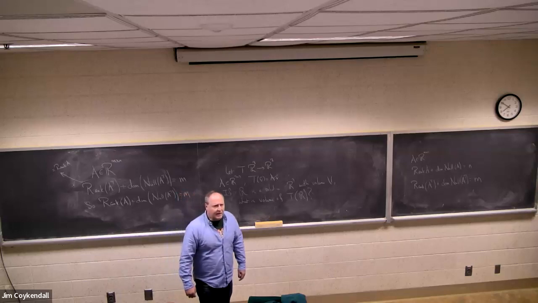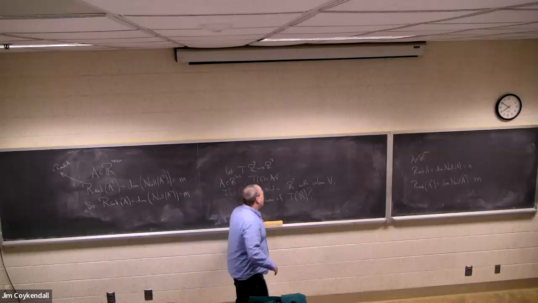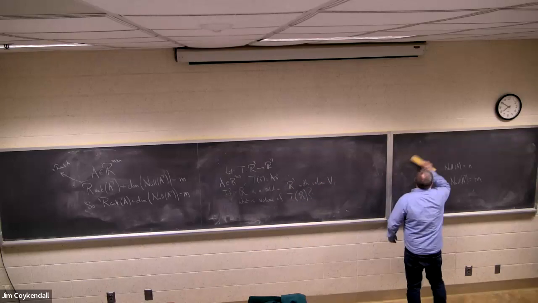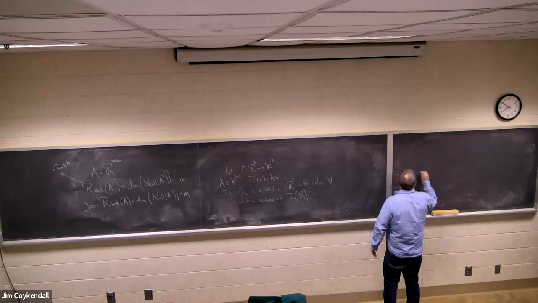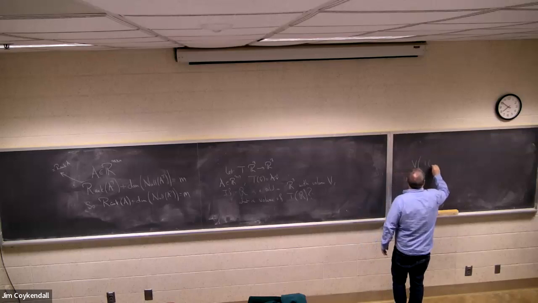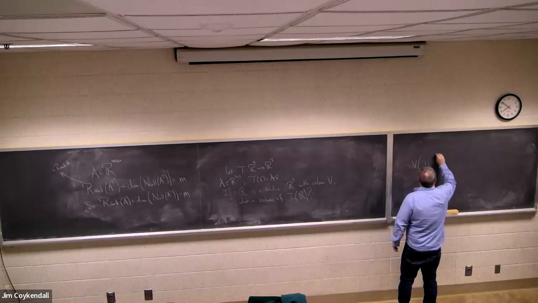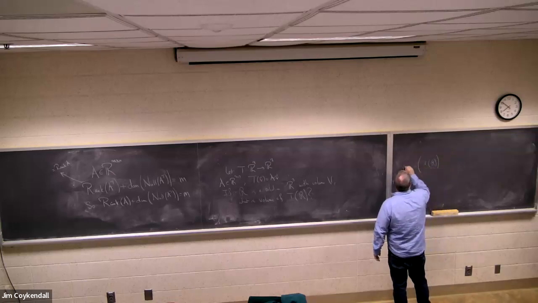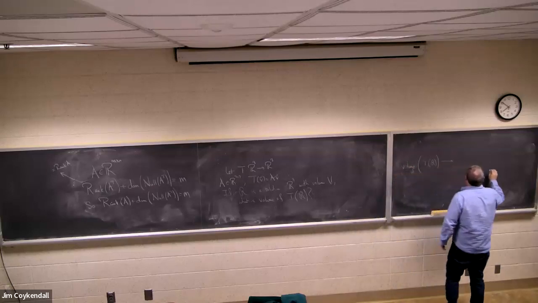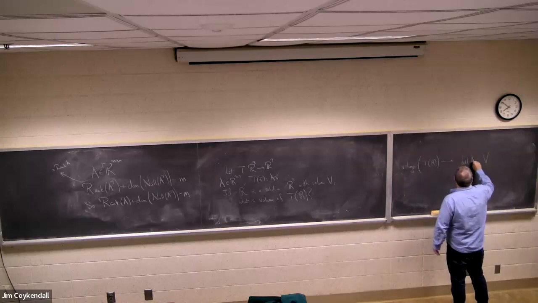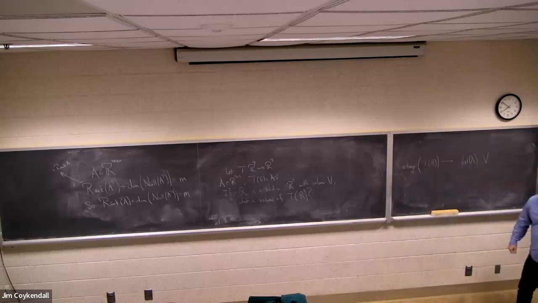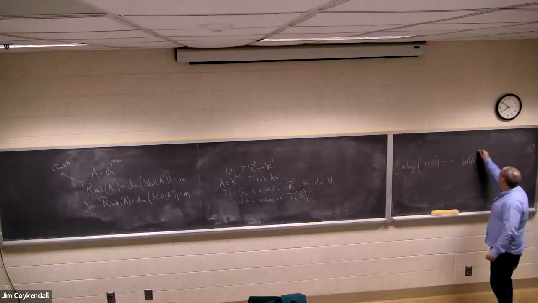Not 1 over, but you're on the right track. It's just the original volume times the determinant of A. Absolute value, right?